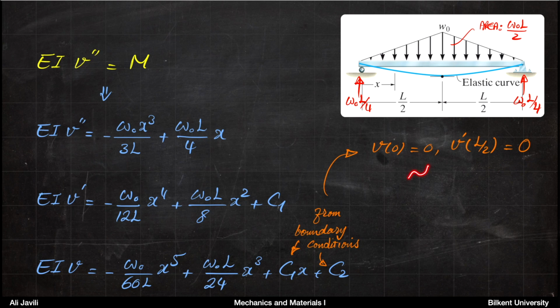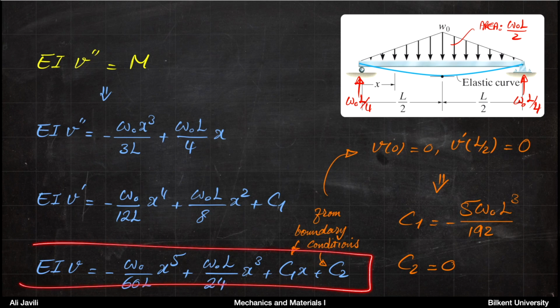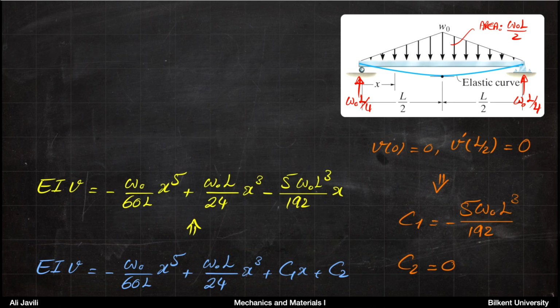So now you have two conditions. From the two conditions, you can calculate the constants C1 and C2. Now, inserting C1 and C2 into your deflection equation gives you exactly your deflection polynomial or deflection function as a function of x.